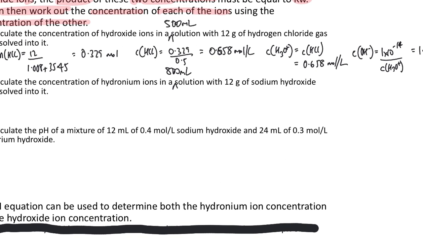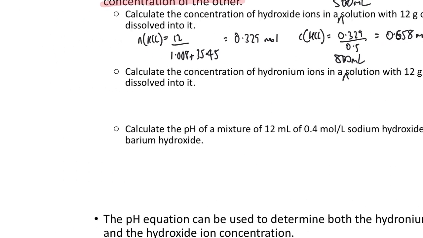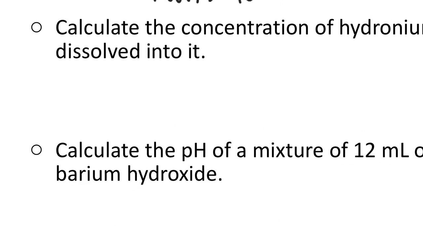Let's try something else. Calculate the concentration of hydronium ions in an 800 ml solution with 12 grams of sodium hydroxide dissolved in it. Similar process. The number of moles of NaOH will be equal to 12 grams over 22.99 plus 16 plus 1.008, which will be equal to 0.3 moles.